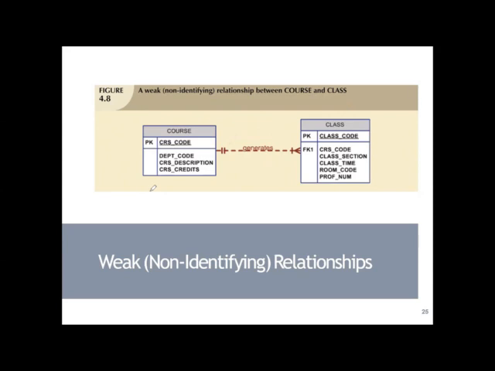In the entity class, there is no primary key of its own. It's generated from the CRS code in courses. So we can see that the entity class has other fields like CRS code, class section, class time, room code, and professor number.